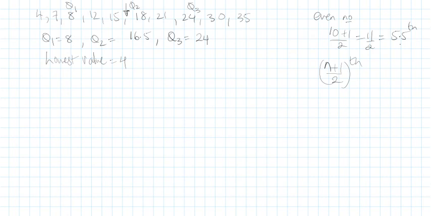So here the lowest number is 4, and the highest value is the last number, which is 35 here. So basically I need to fit the data on the number line so that you can include 4 and 35 in it. All right, there are many ways to do it.